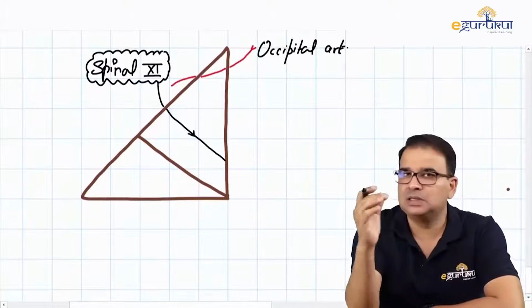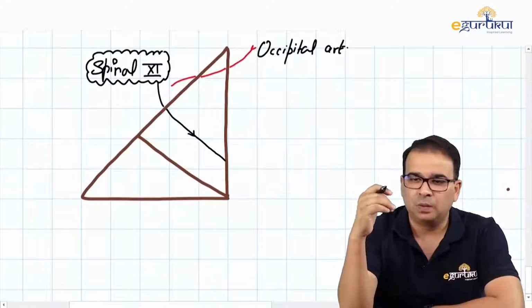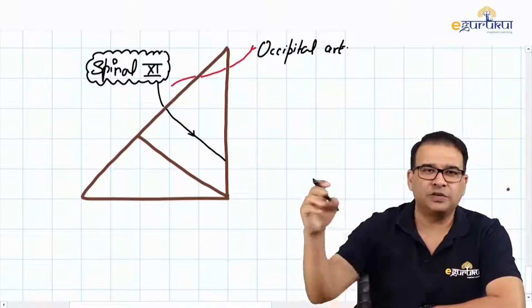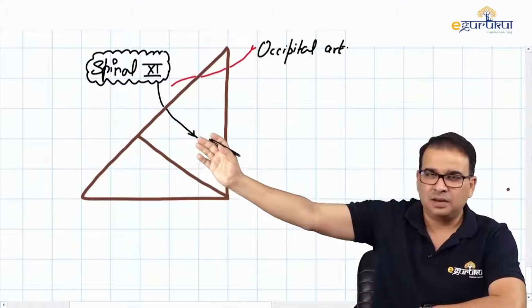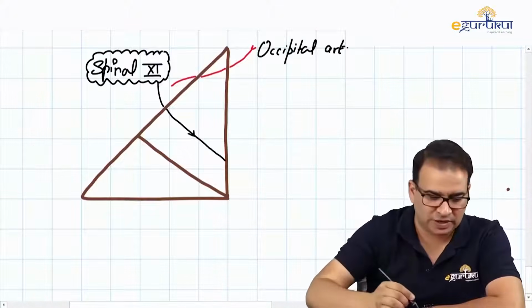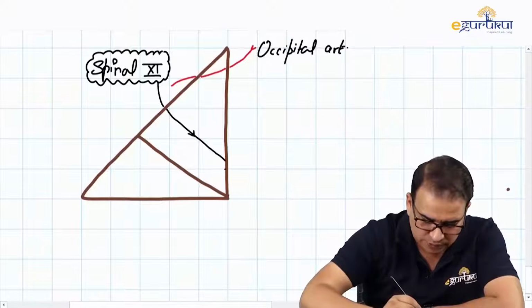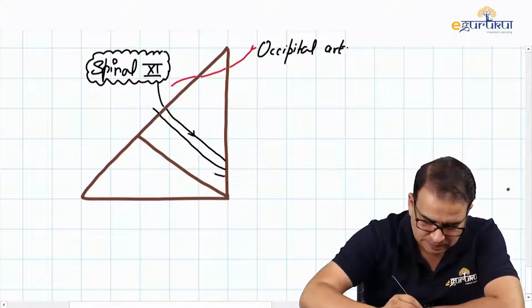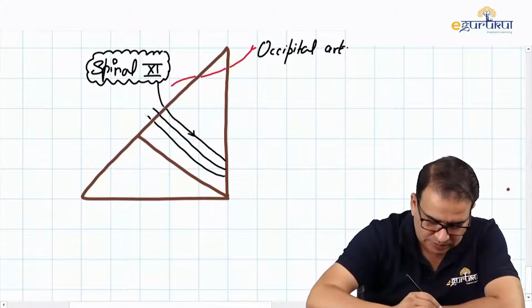Sternocleidomastoid and trapezius, we call them hybrid muscles because they get their motor innervation from the spinal accessory nerve, correct? But their proprioception goes through C2, C3, C4, especially C3, C4. So the C3, C4 nerves will be taking their proprioception back like this for both muscles.